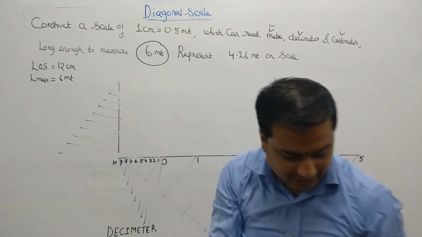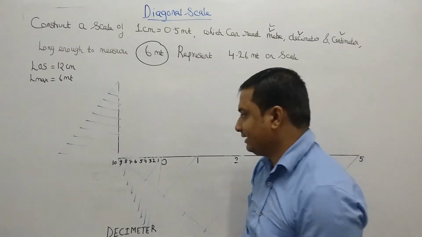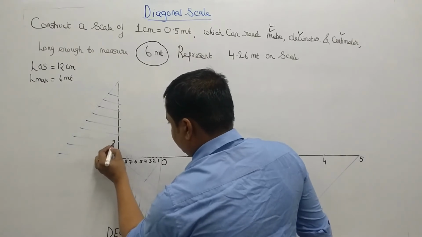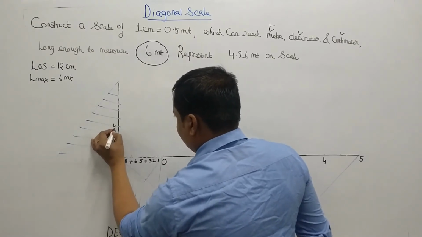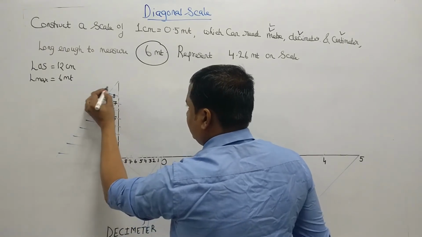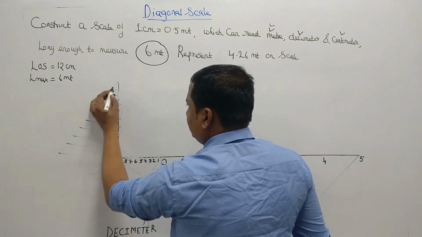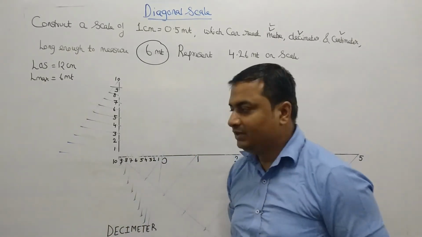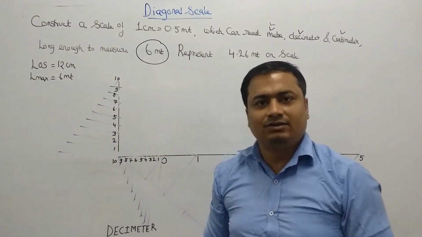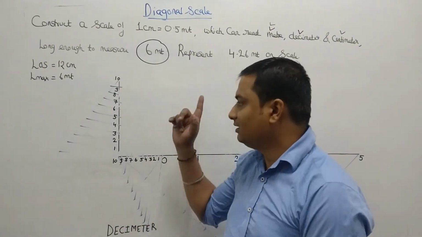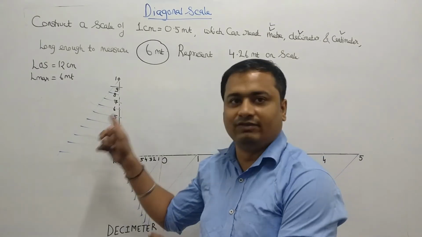So this is the 10 divisions for the vertical, and numbering should be 1, 2, 3, 4, 5, 6, 7, 8, 9 here, and this should be 10. So you take a vertical line of any length and divide it into 10 equal parts, because the third unit, centimeter, is going to be represented on that vertical line.